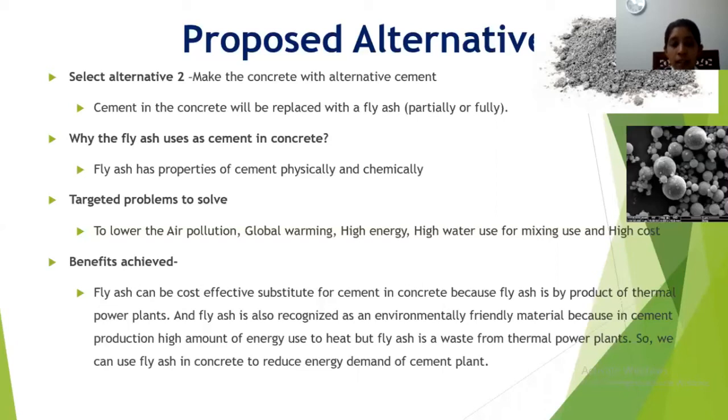And fly ash is a by-product of thermal power plants. Comparatively, it is an environmentally friendly material, and since it's a waste from thermal power plants, the cost of production is very low.